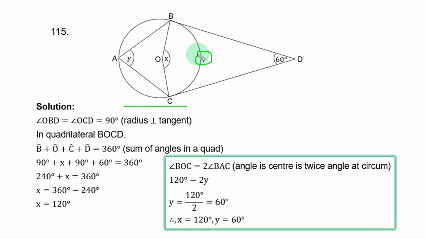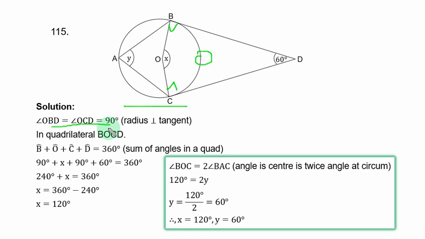All right. For us to get S now, we need this angle and we need this angle. And both angles are equal to 90 degrees. OB is a radius, OC is a radius, BD is a tangent, CD is a tangent. At the point of contact of a radius and a tangent, the angle formed is 90 degrees.